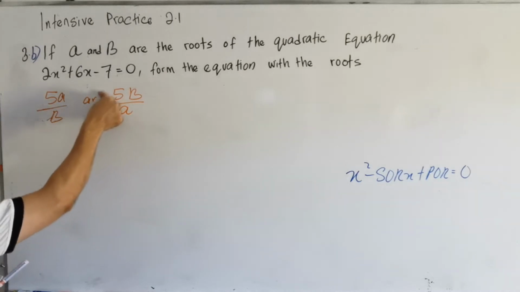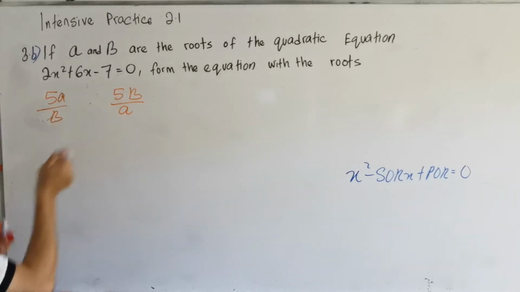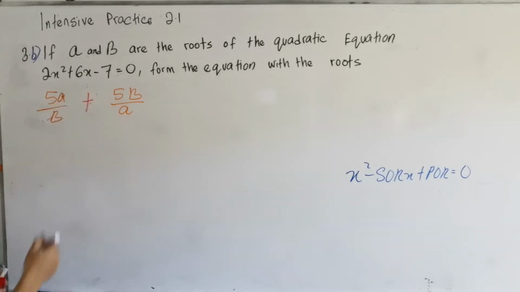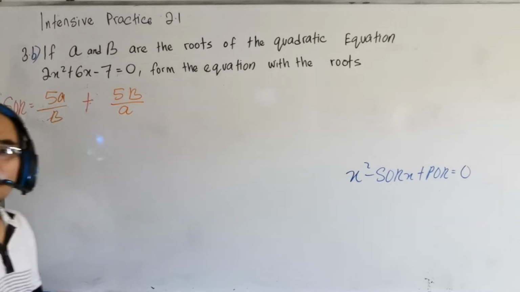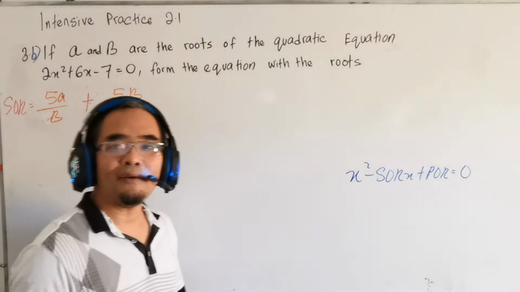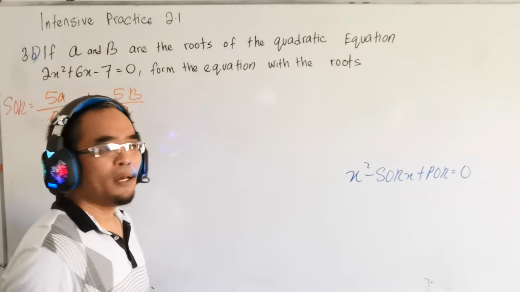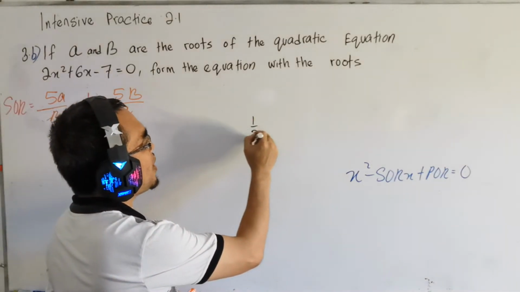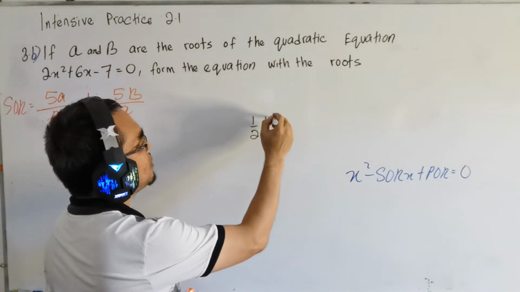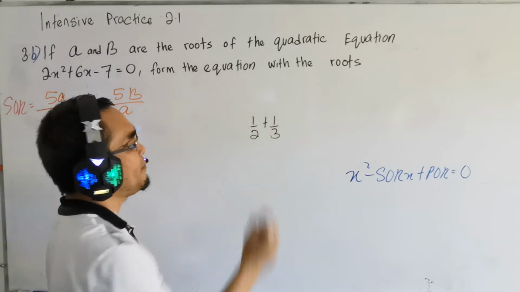Because we are talking about SOR, the sum of roots, I will replace it with plus. How do we add these? Let's revise a little bit on fractions, for example 1 over 2 plus 1 over 3.